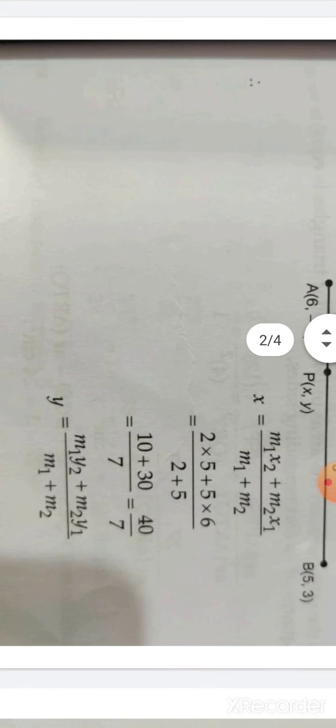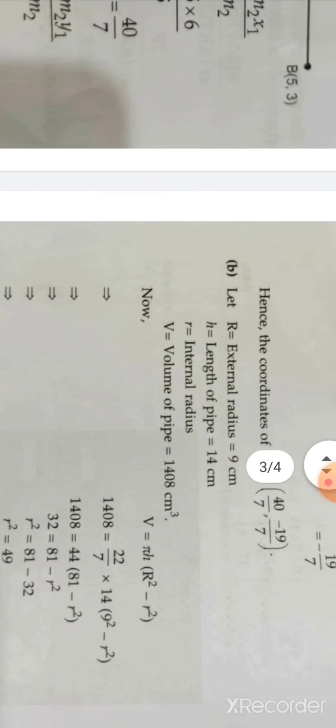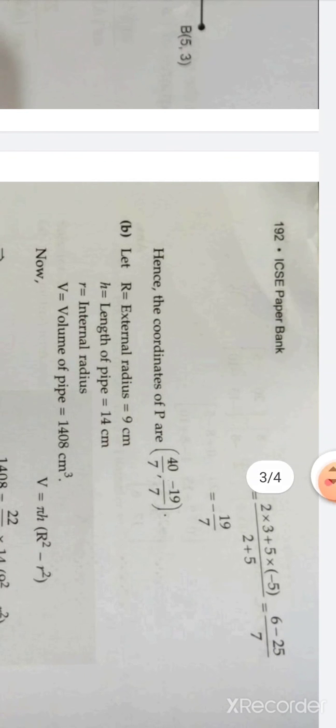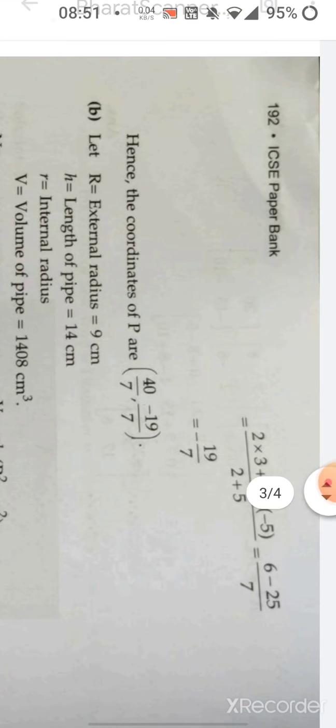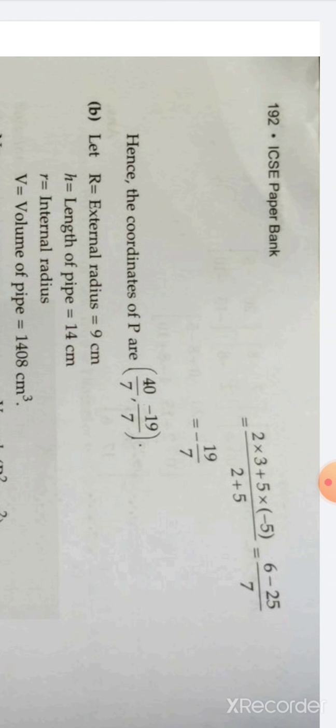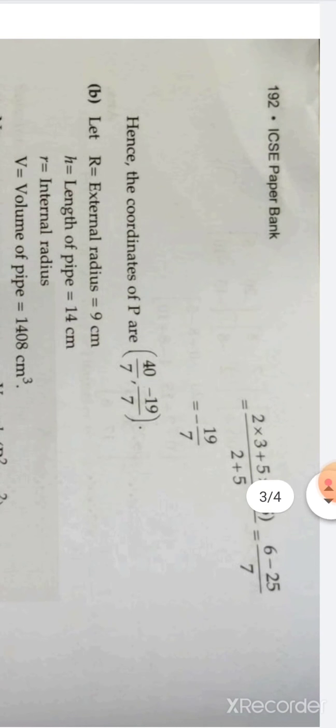Substituting values in this equation, we have 2 multiplied by 3 plus 5 multiplied by -5 upon 2 plus 5, which is 6 minus 25 upon 7, which is -19 by 7. So the coordinates of P are (40/7, -19/7). So this is our question 6a solution.